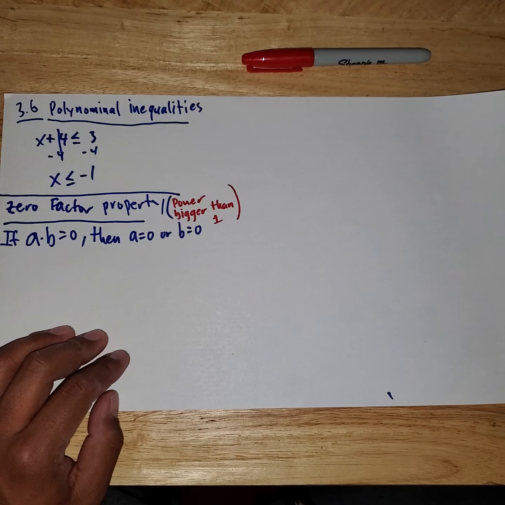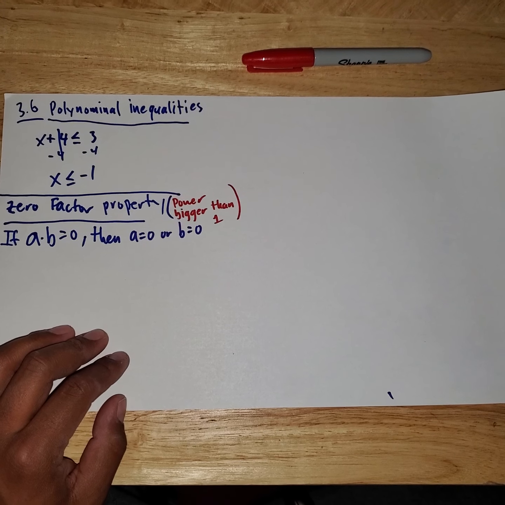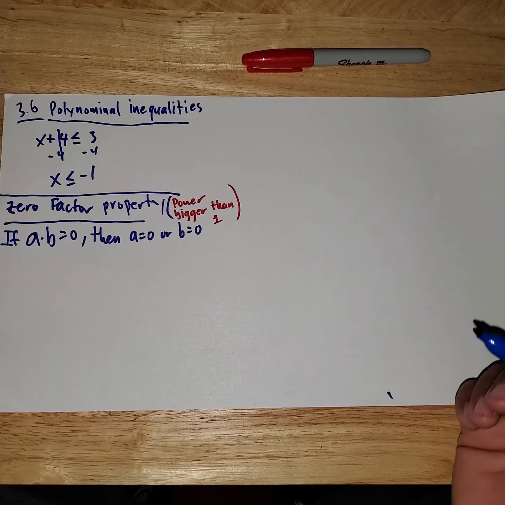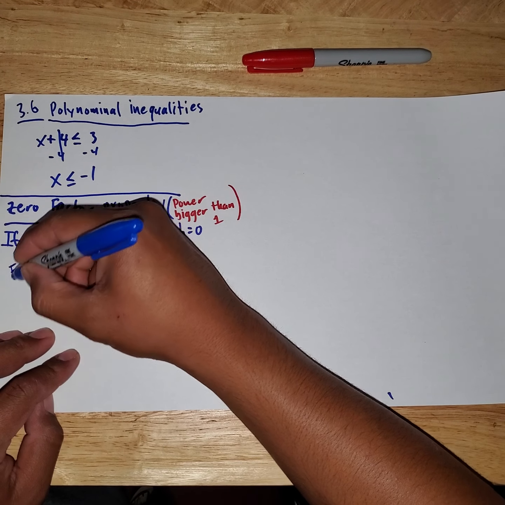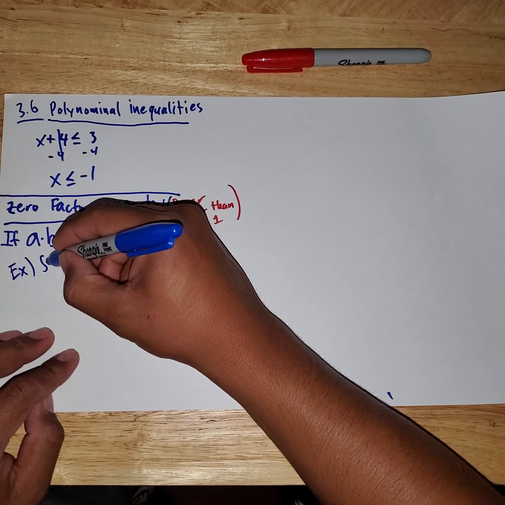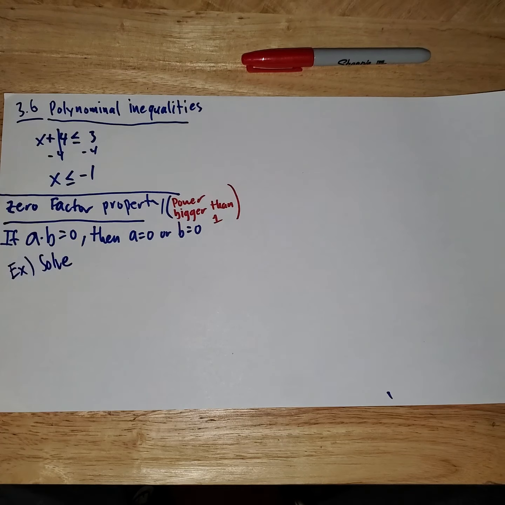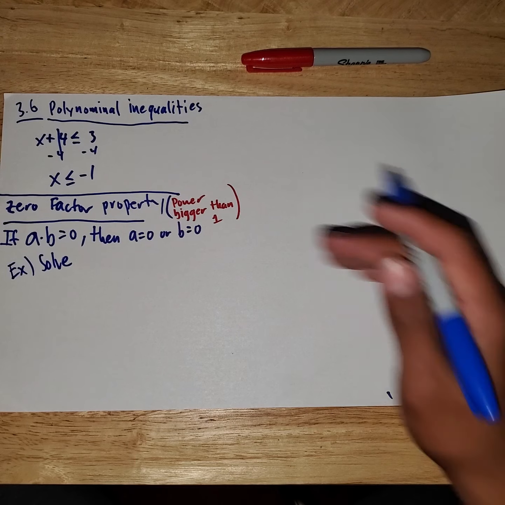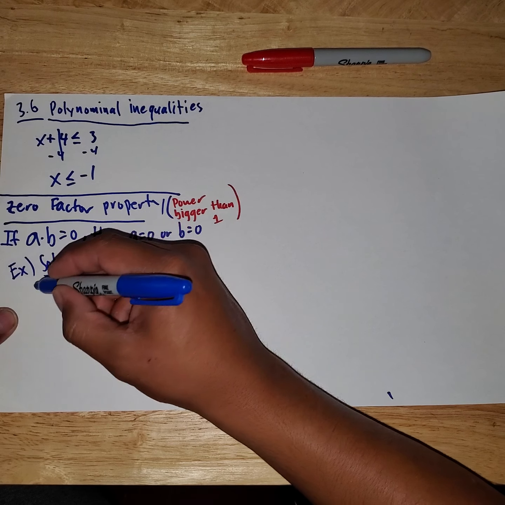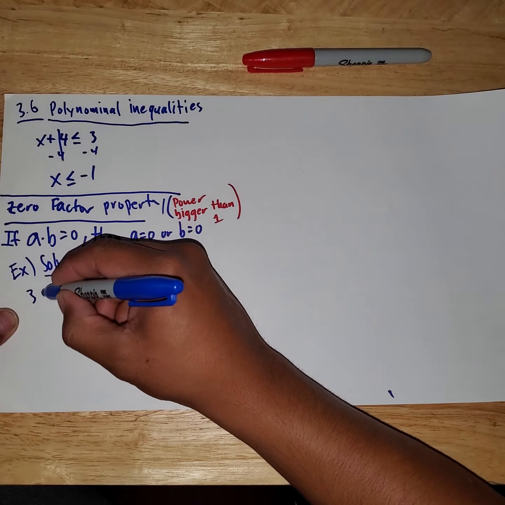So let's start with an example. And I'm going to try to solve these. Your book likes to use a table. I'm going to try to see if I can do something slightly different. But here, we'll start with an example, and you'll see at first glance maybe what I'm talking about.